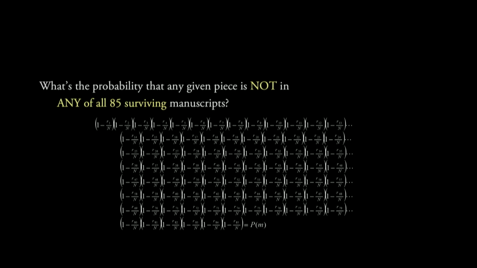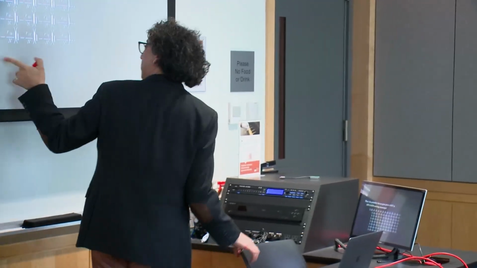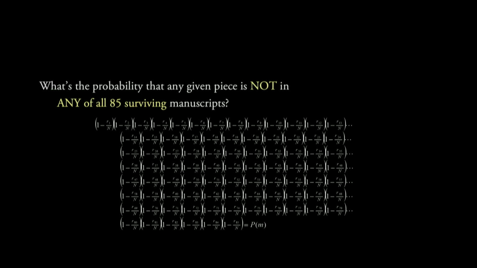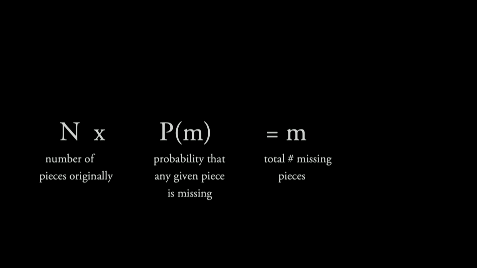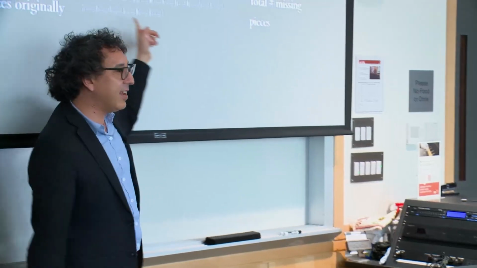And that gives us, but there are 2 unknowns, that gives us the probability that a piece is missing. So we can go back to our original equation and plug that in. And all of these have n as a denominator.